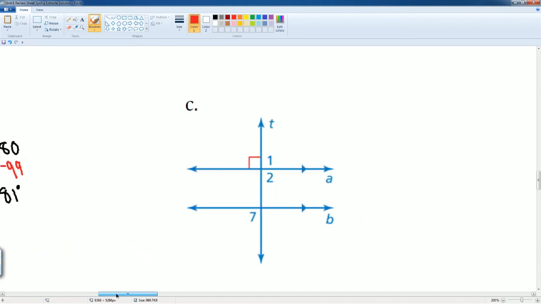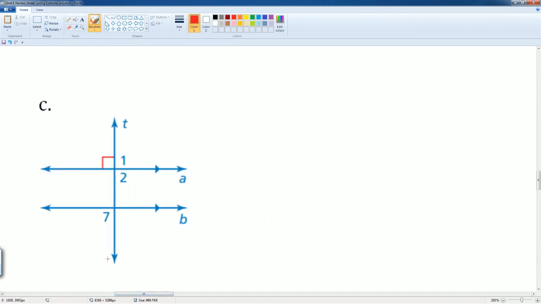Next problem, we have C. Notice this box means it's 90 degrees, all right? We see that lines A and B are parallel lines. So let's solve for angle 1. Well, we know that these two angles here form a linear pair.